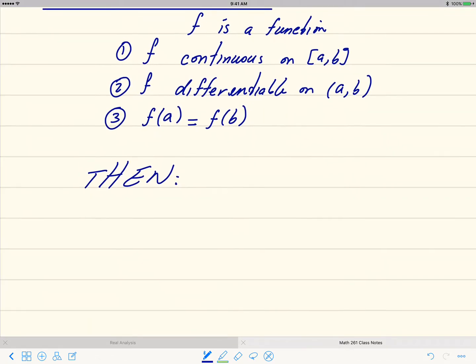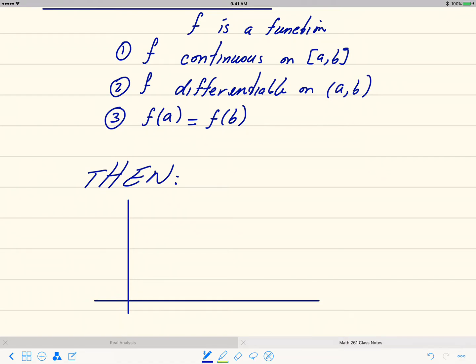Well, before I write the result, let's see if we can draw a diagram of such a function. I'll start by putting the interval [a, b]. Whatever the value is at a, let's say the y value is here somewhere. This is f(a).